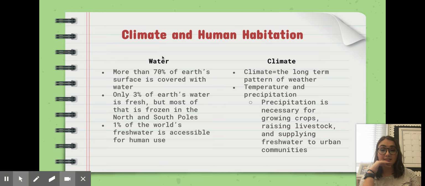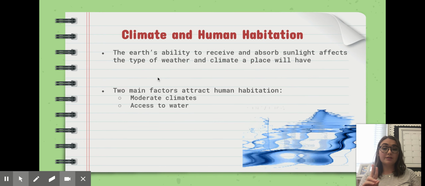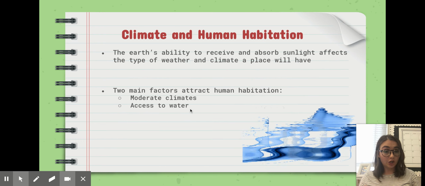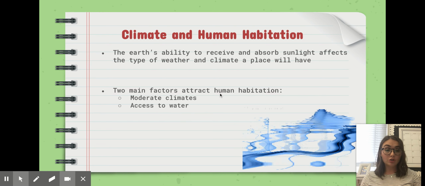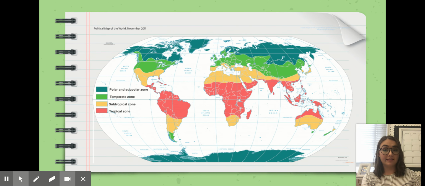So these two things together, the fact that only 1% of the world's fresh water is accessible for human use, and temperature and precipitation, climate, are the two main factors in determining human habitation, so where people live.